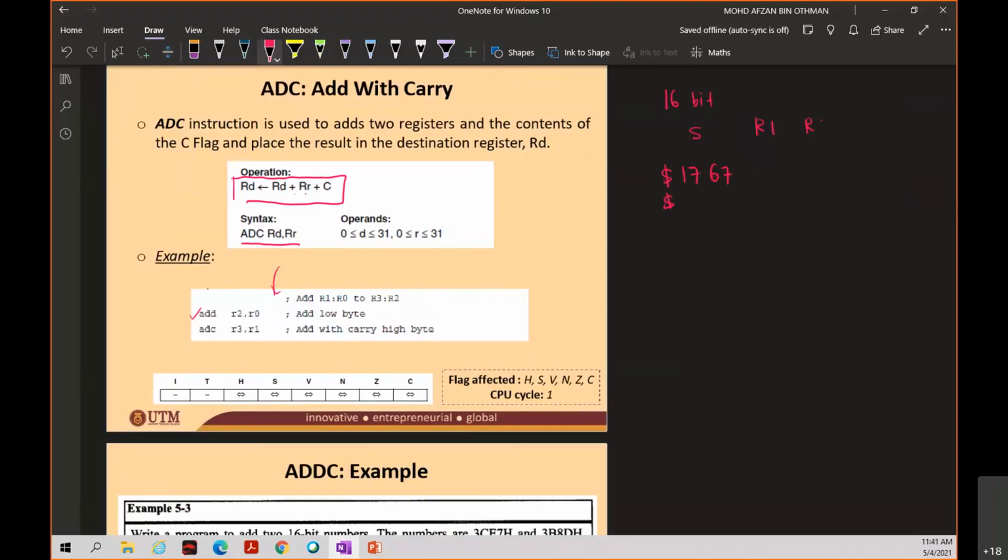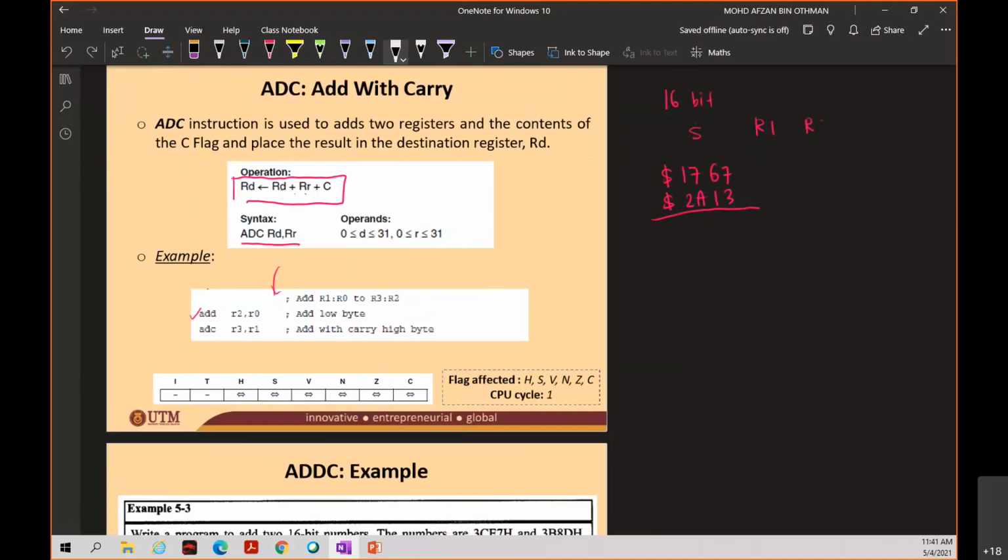You're going to add two 16-bit numbers, 2, 8, 1, 3, for example. So what you're going to do here is, you need to load these numbers to your registers. Before you do any addition, you need to load this number to your register.